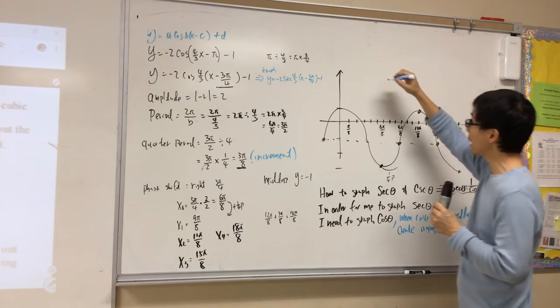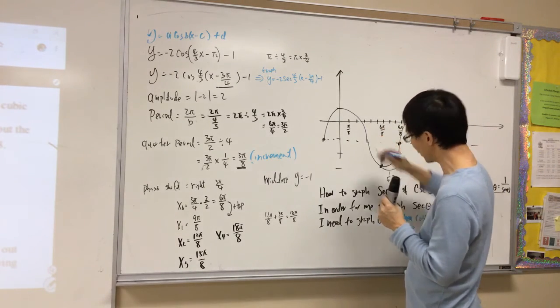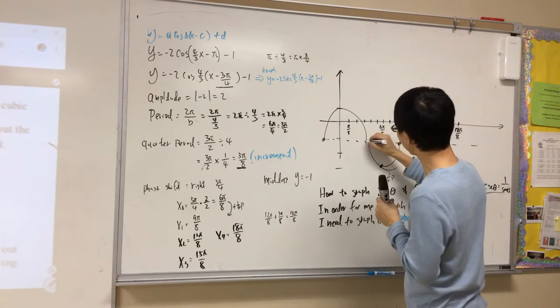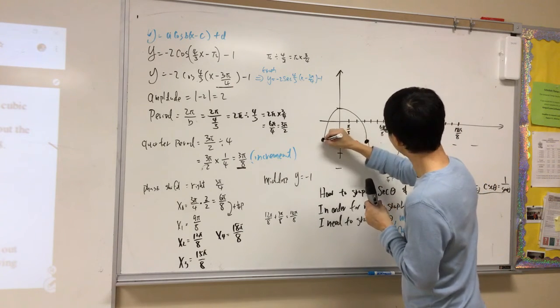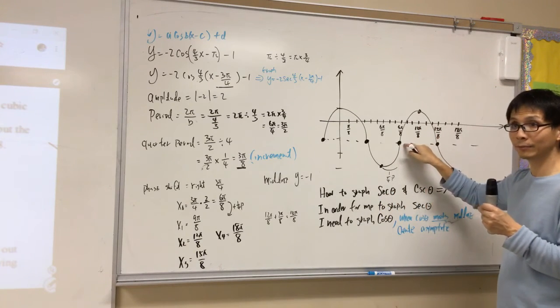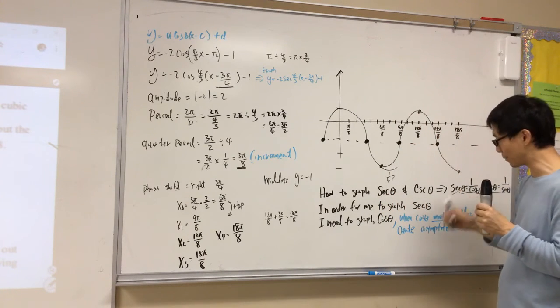So what happens is, you're going to see it here, this point right here. I'm going to point out those points for you so that you see it. This point, this point, this point, this point. Do you see that? When it crosses the midline, it's going to create a vertical asymptote.